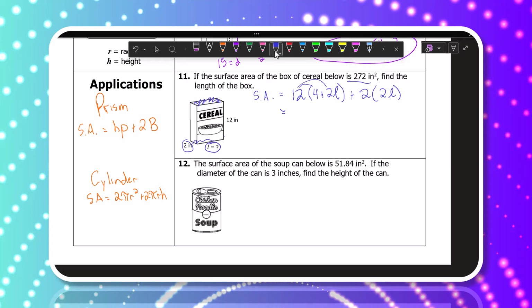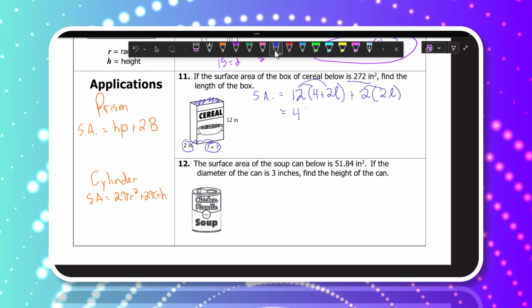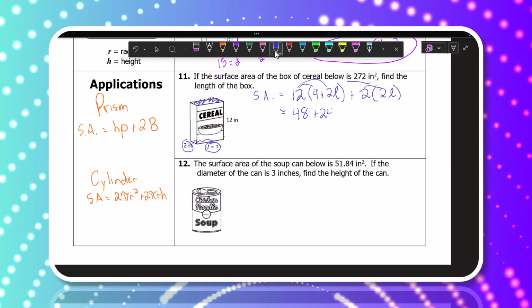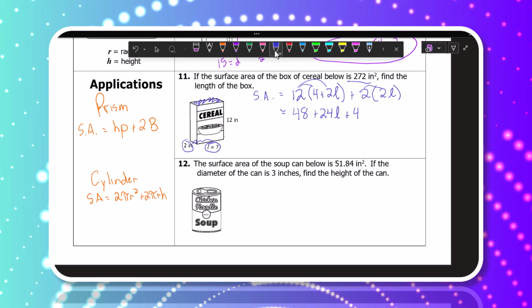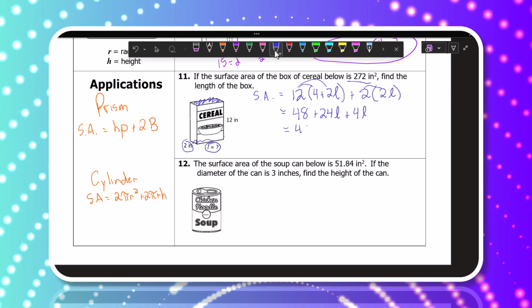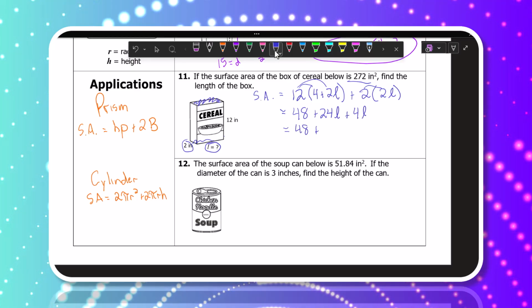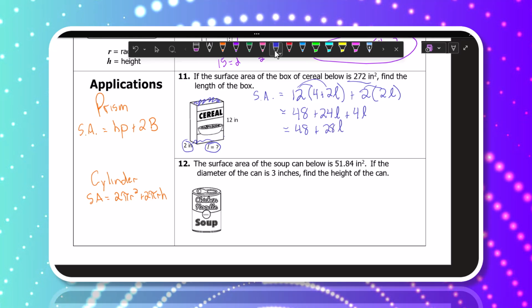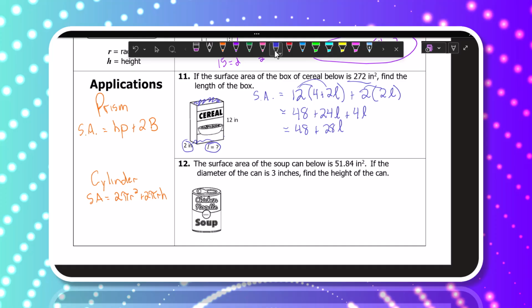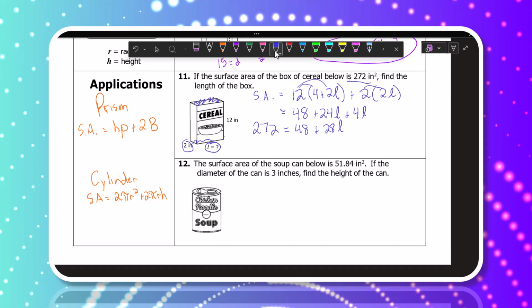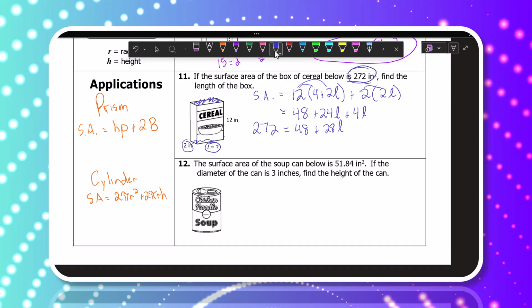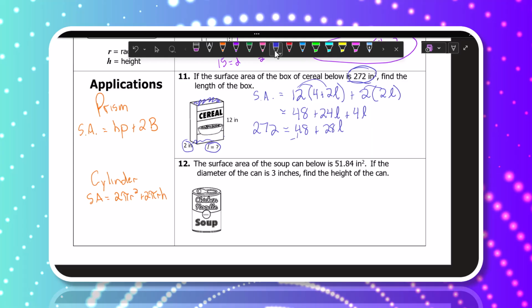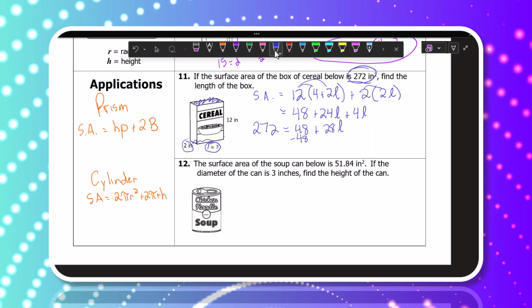Now we need to distribute: 48 plus 24 times L plus 4L. We can add up our like terms. So 48 plus 28L, we can't add those, they're not like terms, equals the 272 inches squared that is our surface area. So we subtract 48.